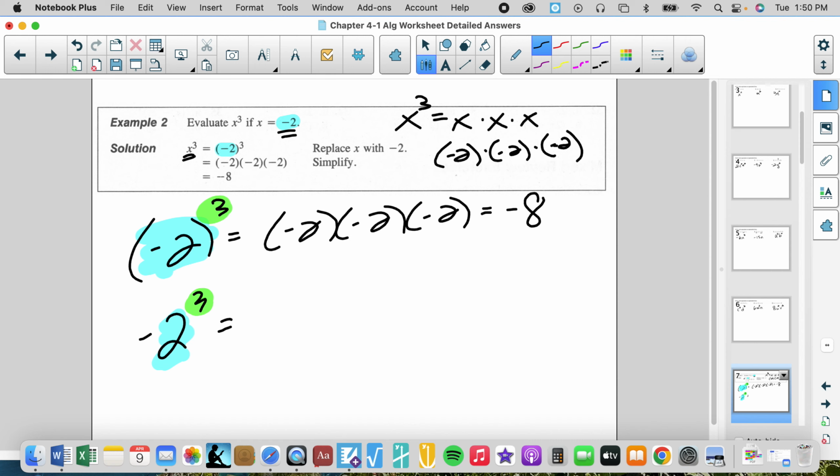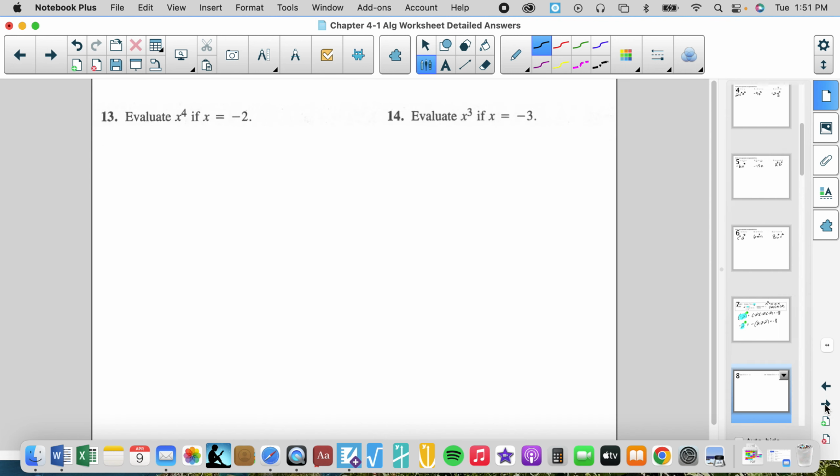Now, if we did this one, we are going to have the opposite of 2 times 2 times 2, which also creates negative 8, but a totally different way of doing it. Well, since you get the same answer, isn't it the same? Well, you can't assume that it's always going to be the same answer. So if it's squared, it's going to be a totally different answer. So we have to be aware of when we want the quantity of.